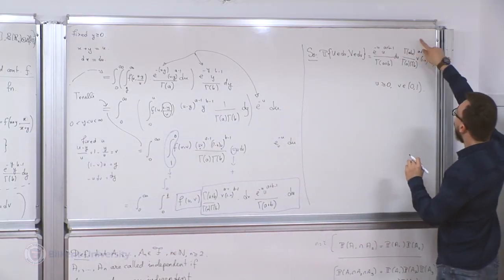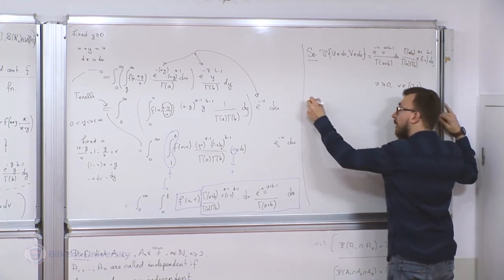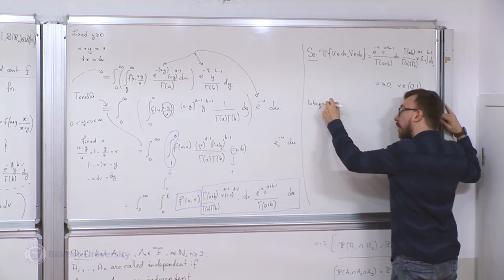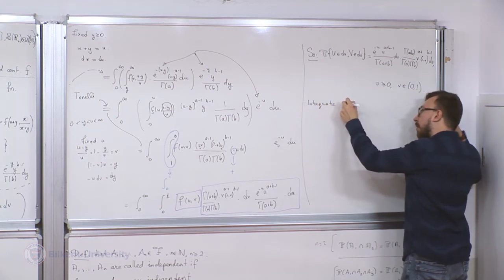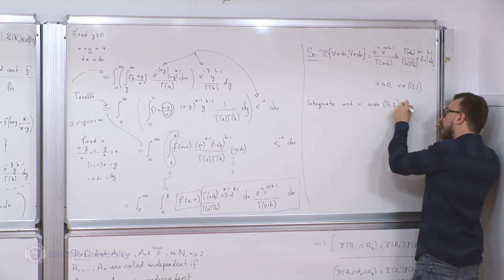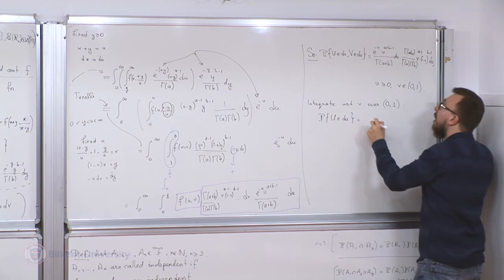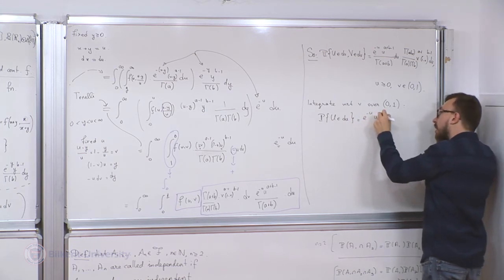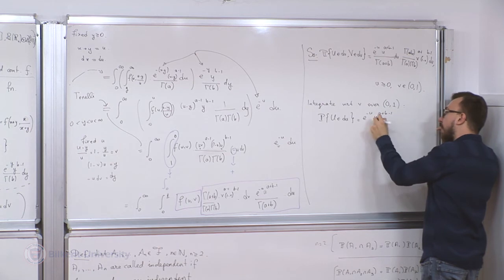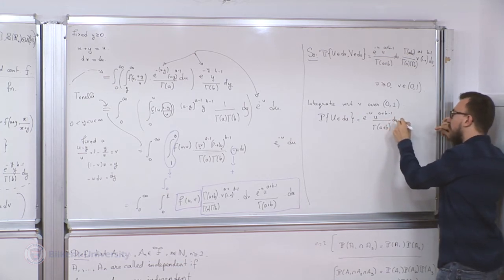This term is going to disappear when you integrate it from 0 to 1. So integrate with respect to v over 0, 1, we get u in du, which is the gamma distribution with shape index a plus b and scale parameter 1.